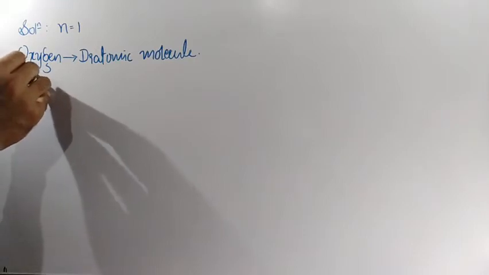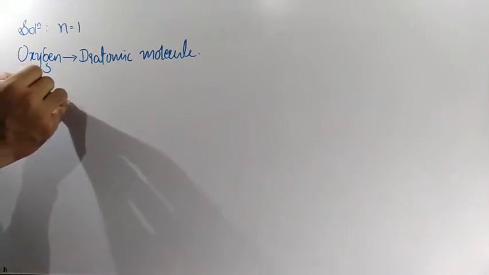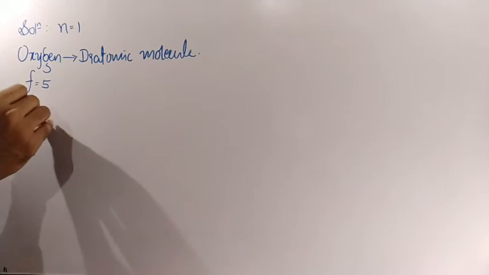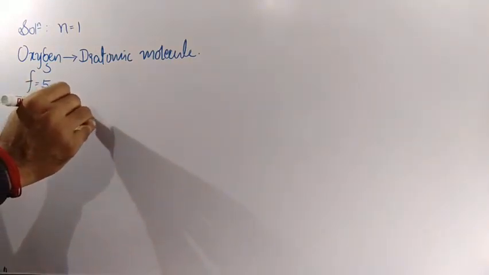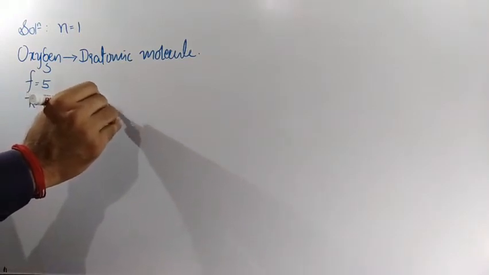Clear? For diatomic molecule, F value, degree of freedom value, will be 5. Correct now? Next, given in question only R is equal to 2 calorie per mole. R value given to you 2 calorie per mole.